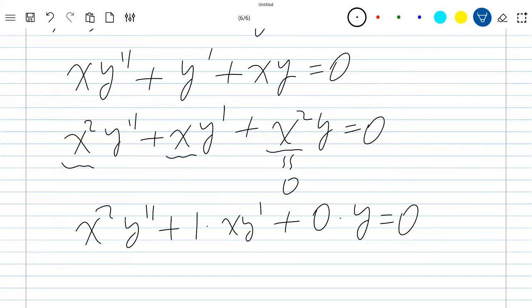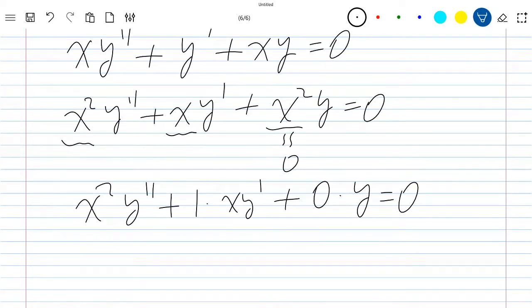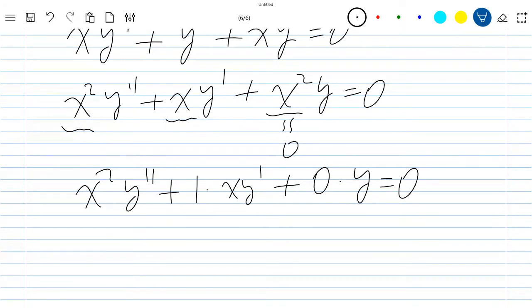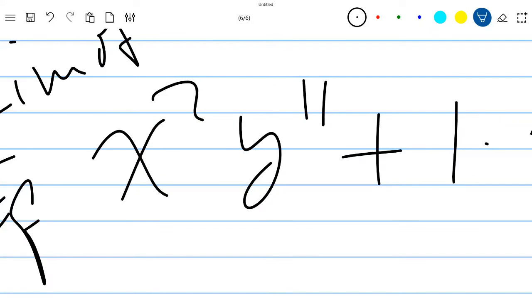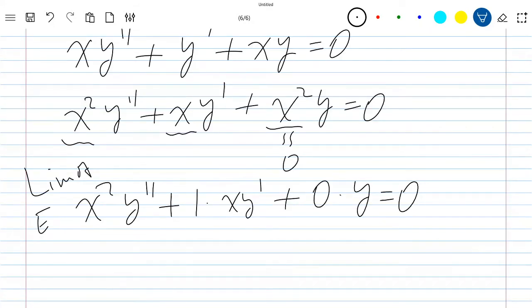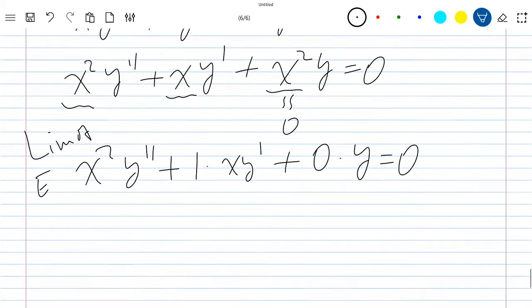So I'm just taking a shortcut here. If you want to be rigorous, you still need to take the p over r and q over r ratios, but now I just find this limit equation directly. So this is the Euler equation. Now let's see what our root is.